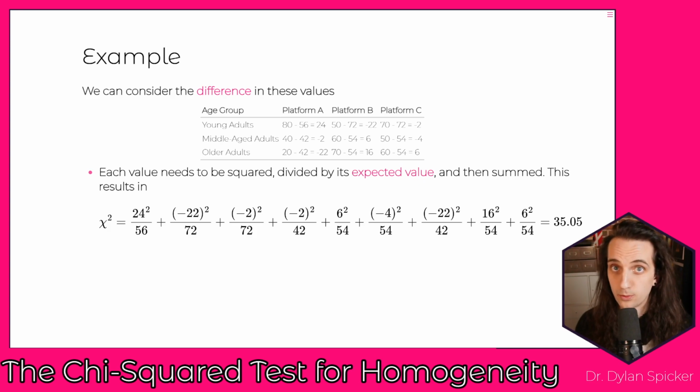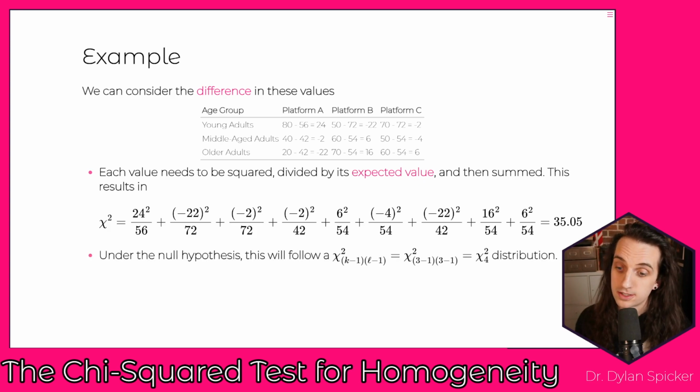Here, we need to ask, well, what is the null distribution going to be? Remember, that's always going to have degrees of freedom k minus 1 times L minus 1. So 3 minus 1 times 3 minus 1, which is going to give us a chi-squared 4 distribution. And so now we can get our p-value as 1 minus that CDF at the 35.05 we've actually calculated.